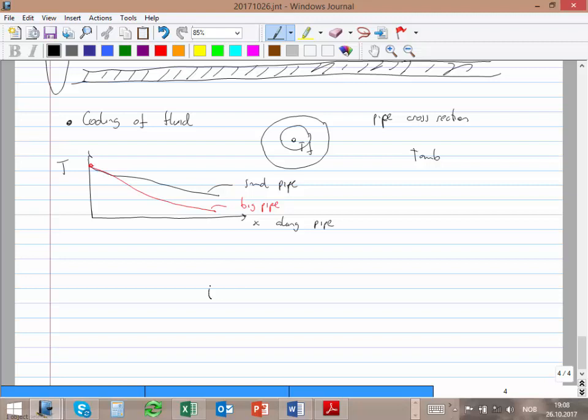Basically, the way the pipe usually is, you have a metal layer, and then you have some big insulation.